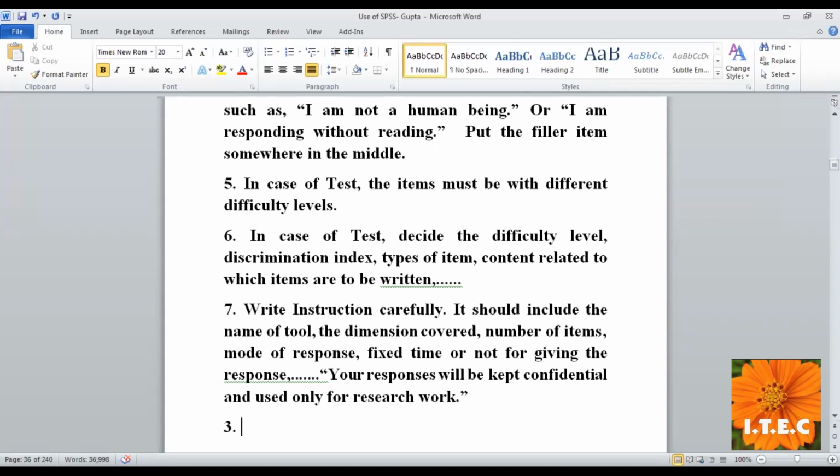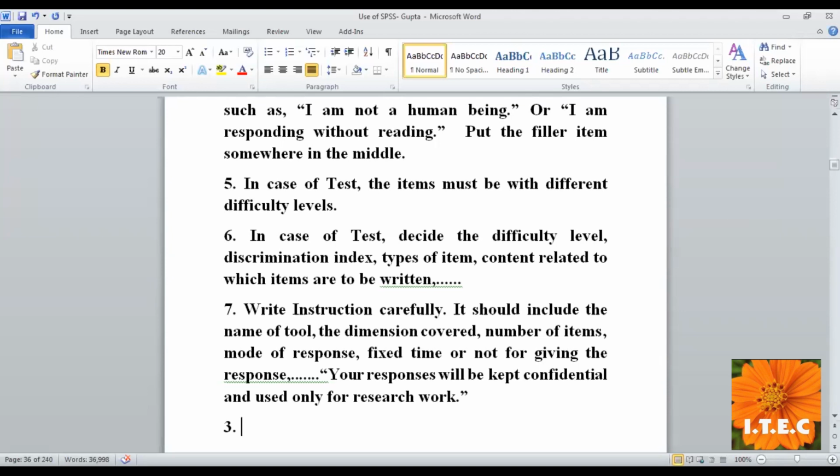Sometimes when you get your clothes stitched, the tailor will ask you to come for the trial. If you go to purchase a ready-made dress, there is a trial room, so you can wear it and see whether it fits you or not. All these are examples of tryout.